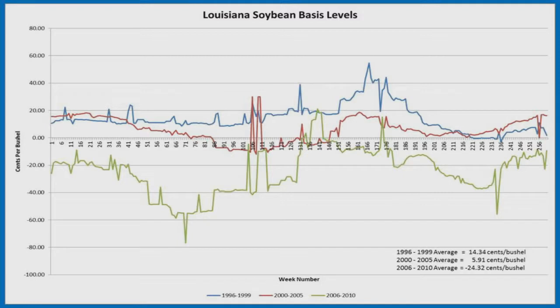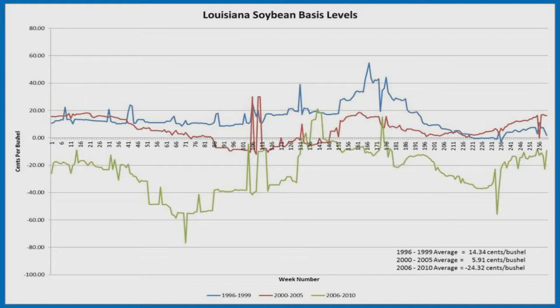But what you also see is that basis levels have changed quite substantially over the last 15 to 20 years. From 1996 through 1999, the average Louisiana basis was about 14 cents above futures contract prices. When you get to 2000 to 2005, that fell to about 6 cents above.